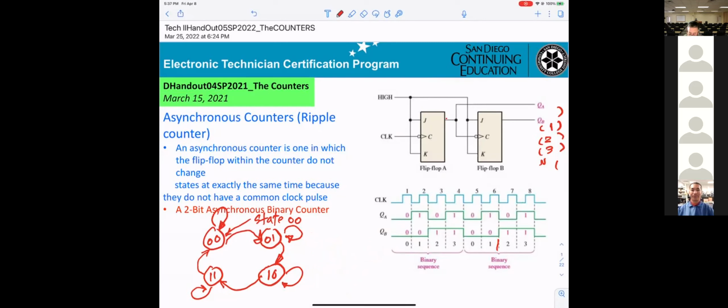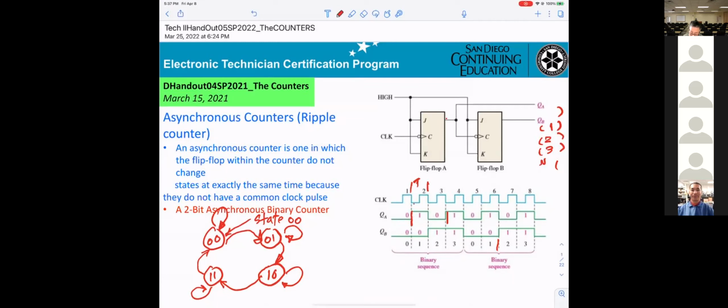Now you can see the timing and you can calculate the frequency. What is the period for QA, from here to here? They double T, right?